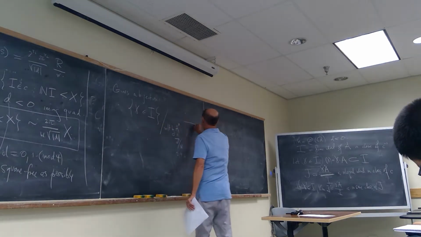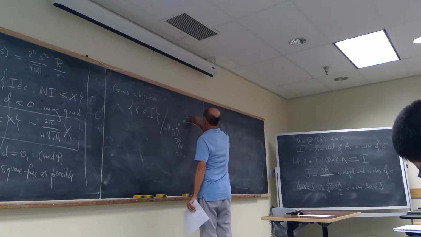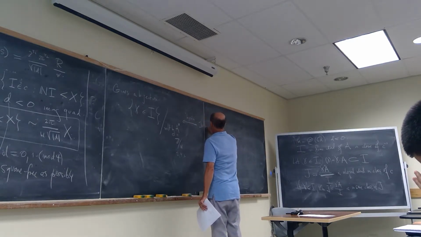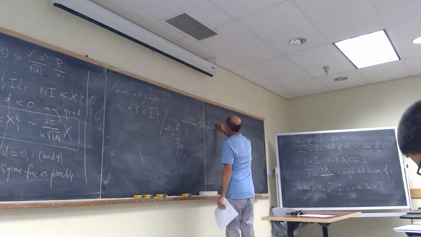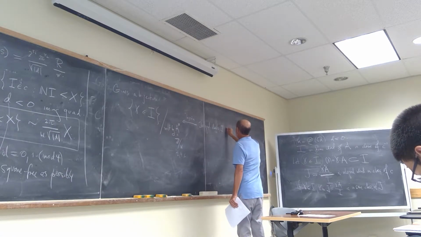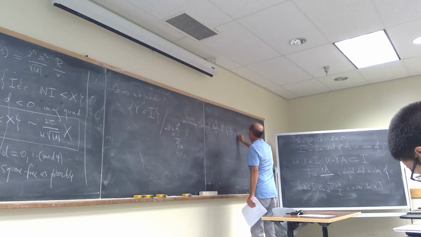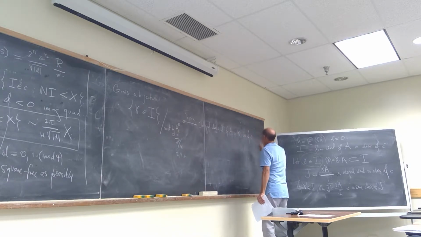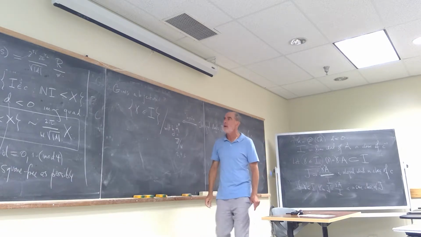It's in bijection with integral ideals J of A in the class of C. So that's what we need to work with, right?